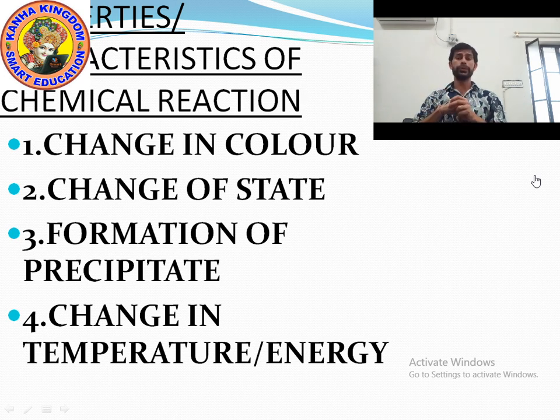Yes, during a chemical reaction, precipitate can form. What is precipitate? Precipitate is an insoluble substance. Okay, precipitate is an insoluble substance which is formed during a chemical reaction. Next is change in temperature. Yes, change in energy.